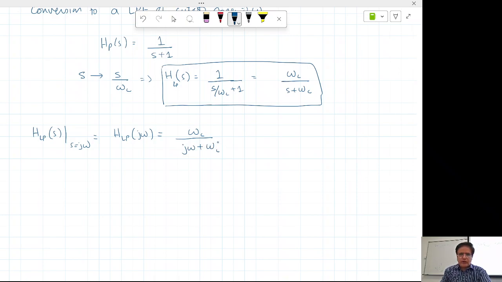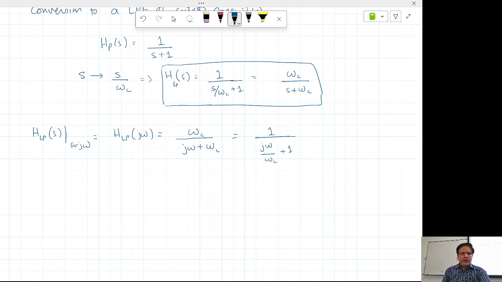I can simplify this and write it as 1 over j omega over omega c plus 1, since I just take omega c common from both numerator and denominator. So far so good.